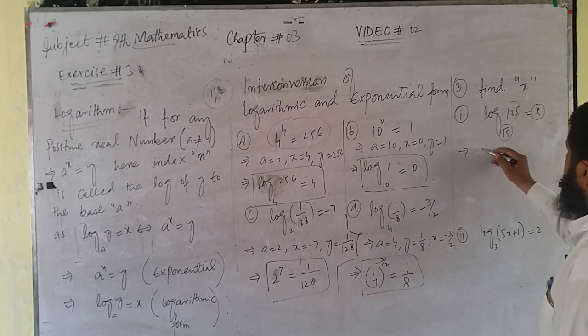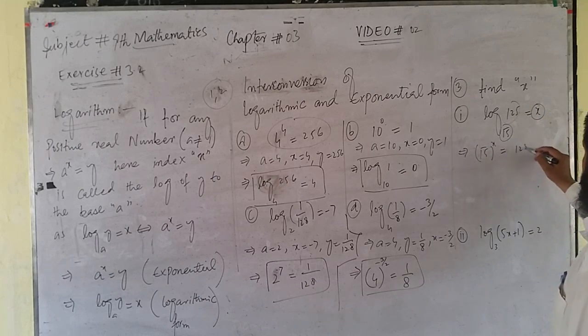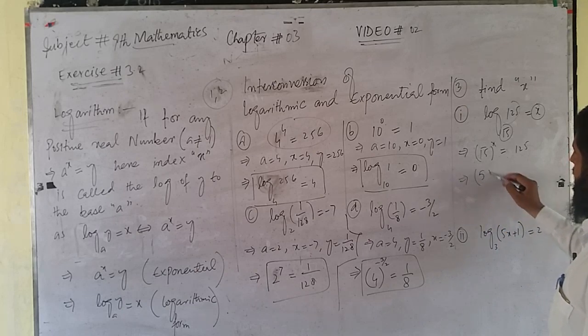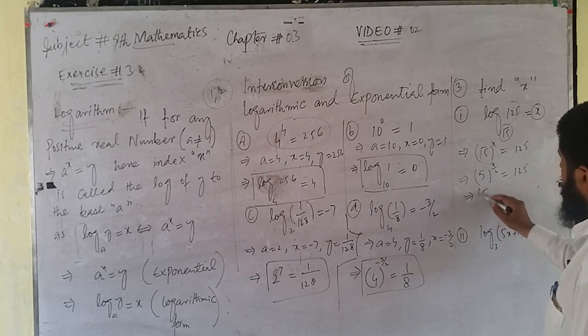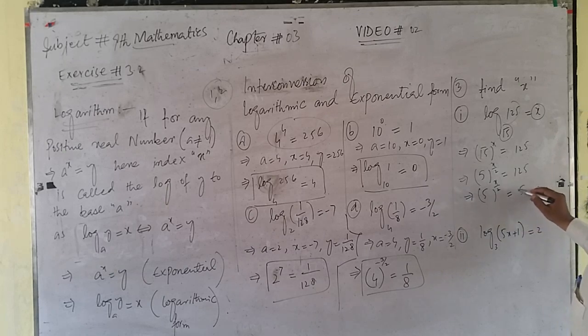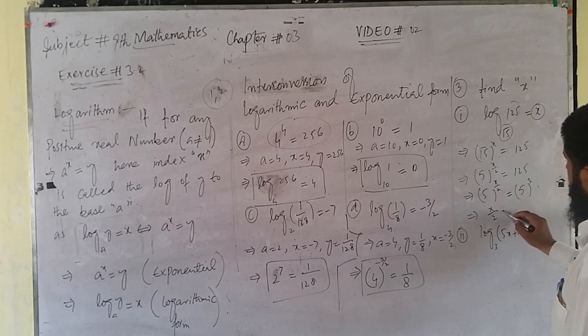So 5 power x equals y, that is 125. We can write it as 5 power x divided by 2 equals 125. Here we can also write 5 power x divided by 2 equals 5 power 3. So the bases are the same, so the powers will be equal.